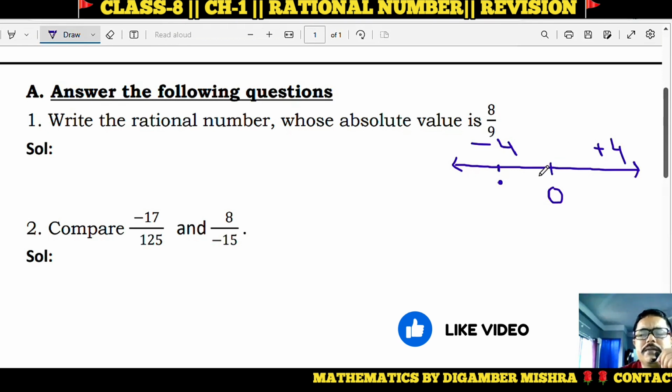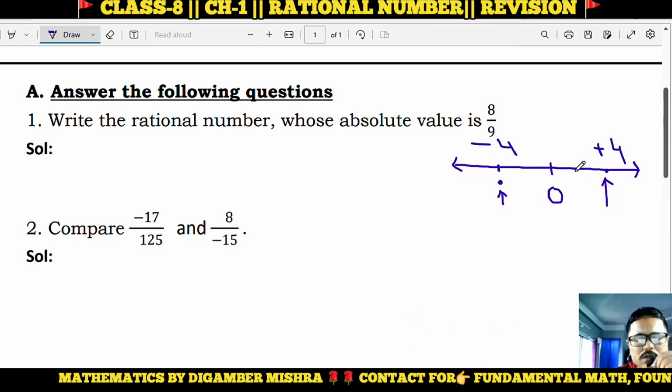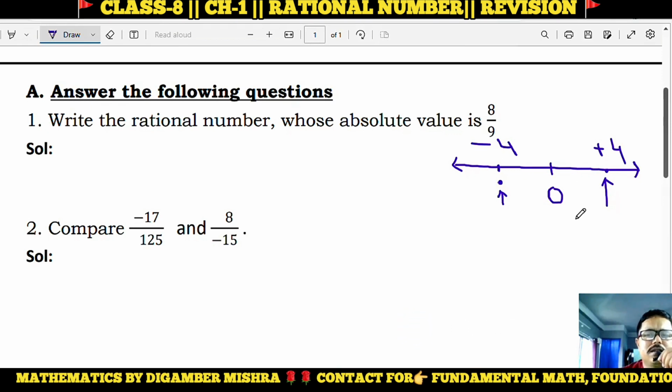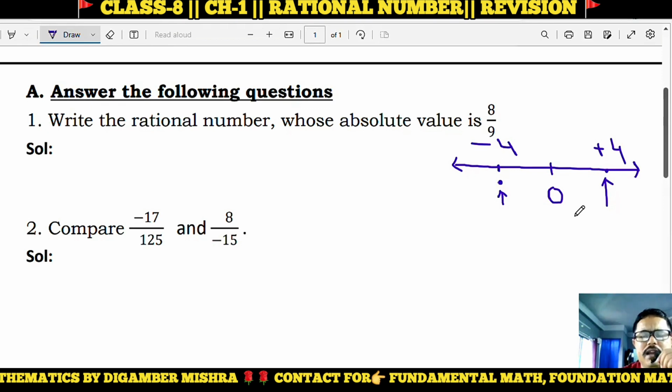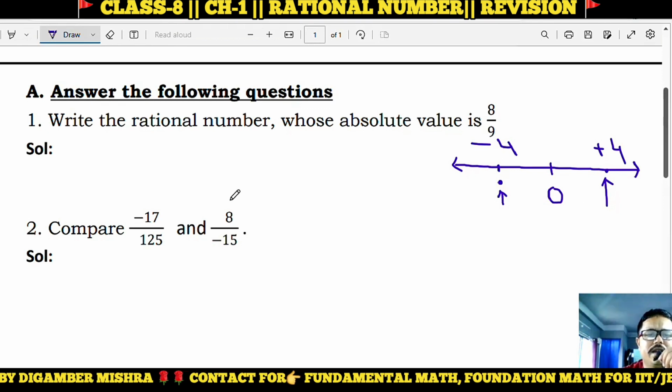So what will you say? 4 units. Whether it is kept at this point or at this point, the distance from 0 in both cases is 4 units. We know that distance cannot be negative, so absolute value cannot be a negative number.